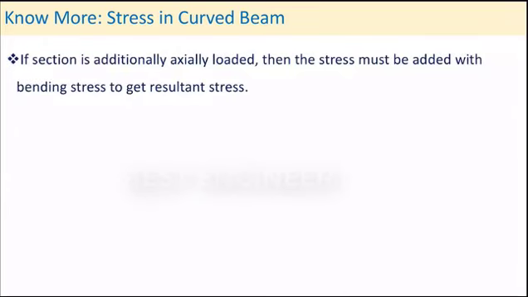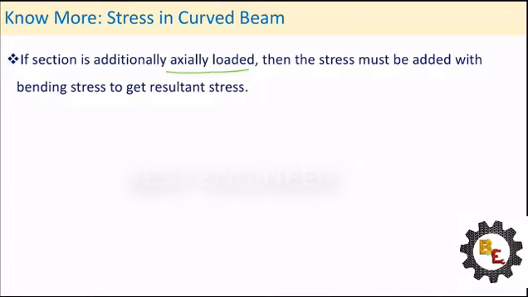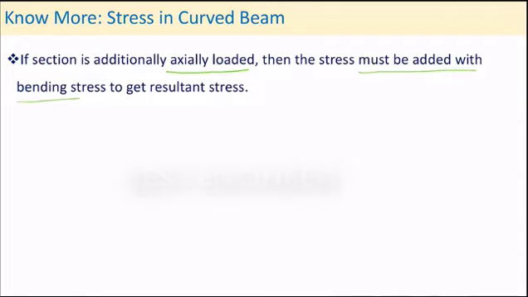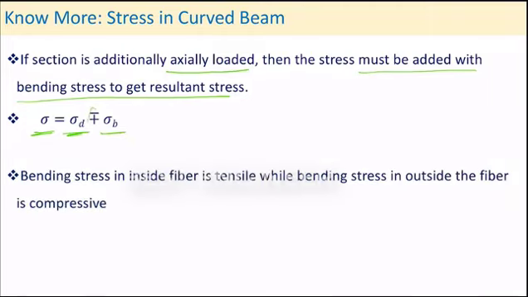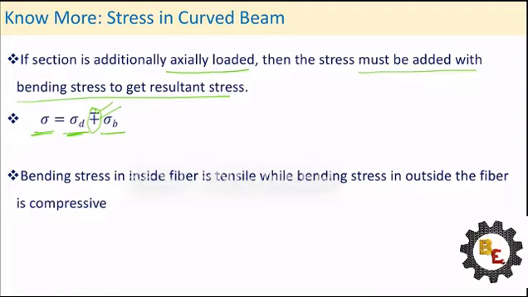If a section is additionally axially loaded, not only the bending moment but also some axial load, we must add the direct stress to the bending stress to get the resultant stress. That is, resultant stress equals direct stress plus bending stress. You can use plus or minus: in case of tensile load we use a plus sign, and in case of compressive load, use minus.